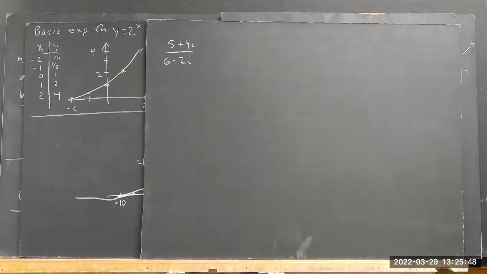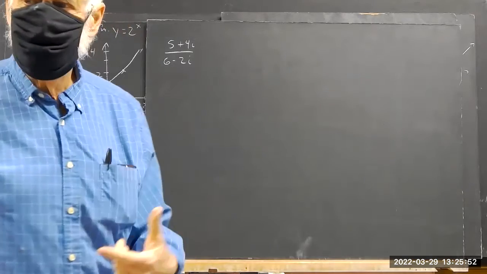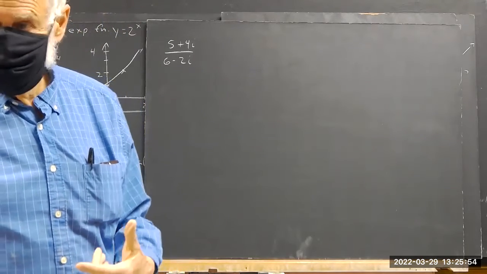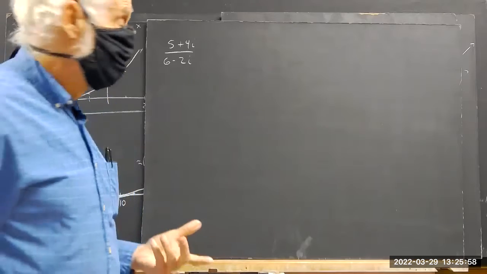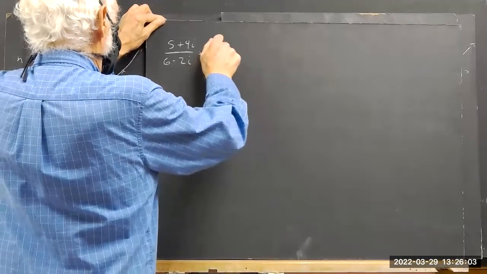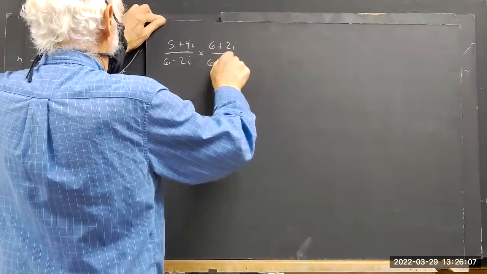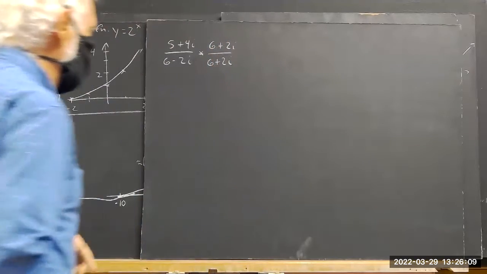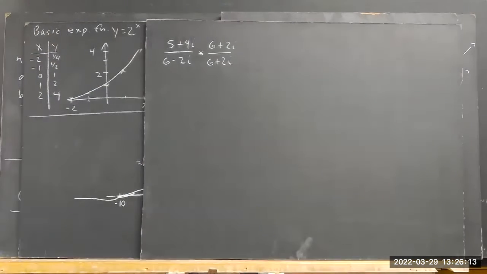To divide these, we do something that's a whole lot like finding a common denominator, but actually easier. We multiply this by (6 plus 2i) over (6 plus 2i). So I'm going to ask you to write that out and see what you get.